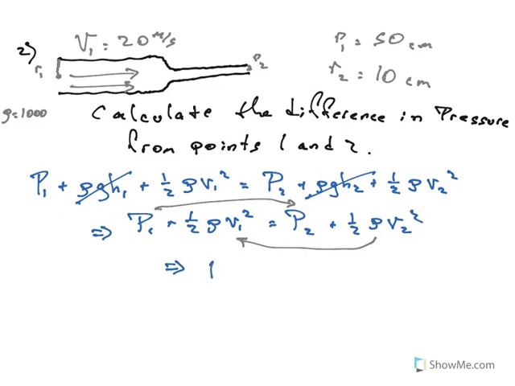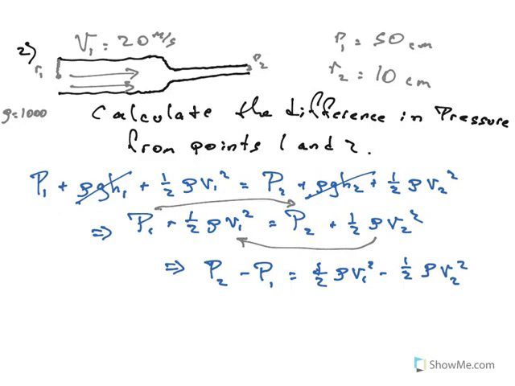And what that leaves me with is P2 minus P1 equals 1/2 rho V1 squared minus 1/2 rho V2 squared. So P2 minus P1, that's what I want to calculate. That's the difference in pressure. So all I need is to plug in the numbers on the right side.